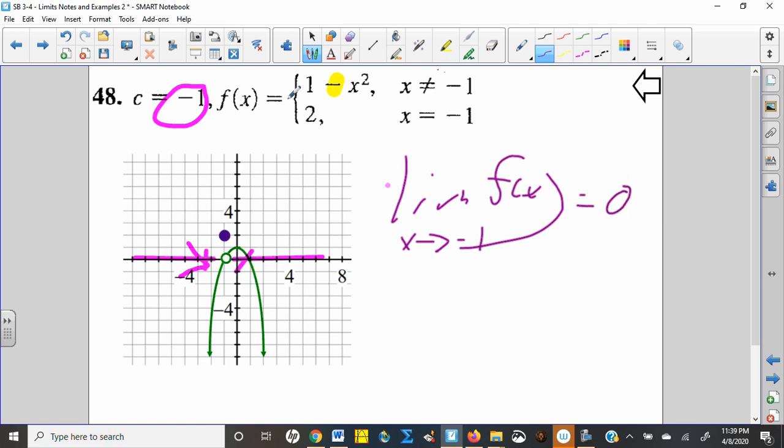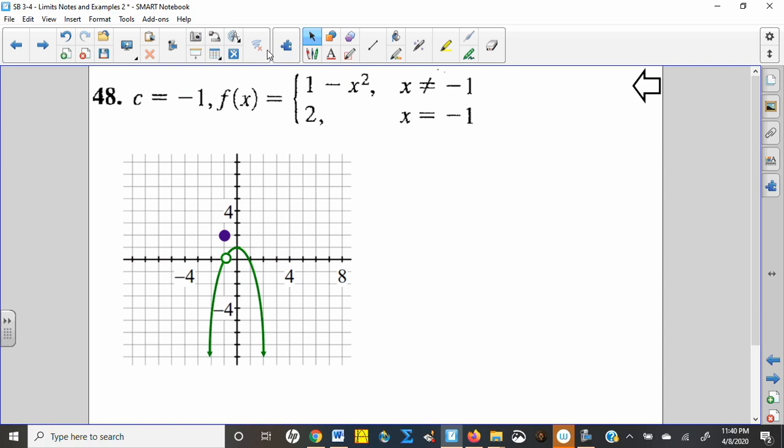The limit exists because the two one-sided limits exist. And that was a huge part of what so many of these problems were trying to get you to understand: if the two one-sided limits agree, there is a two-sided limit. There is a limit. So hopefully you're starting to feel comfortable with that concept, and with limits in general.